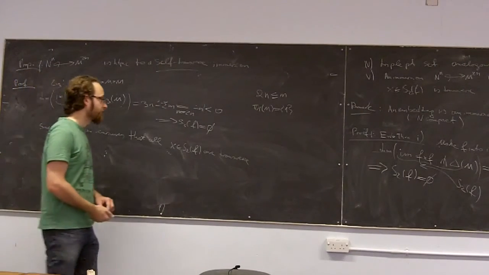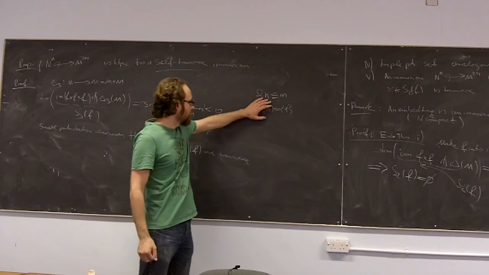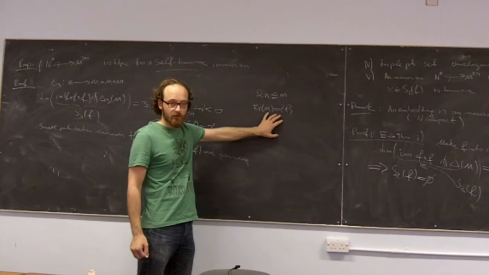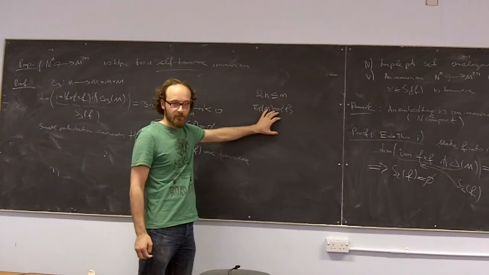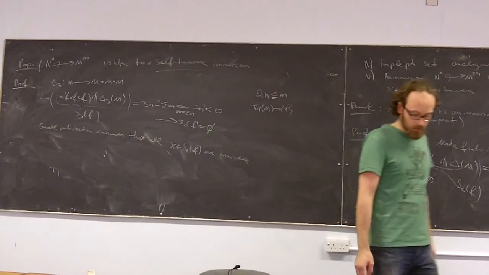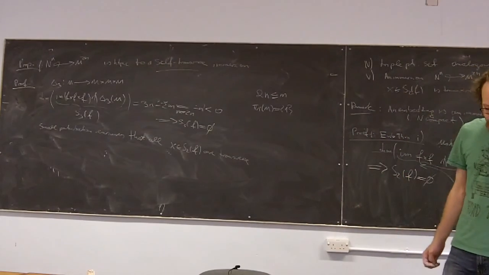So in other words, when the target manifold is simply connected, I can remove all the double points. I will prove this at the end. Okay.